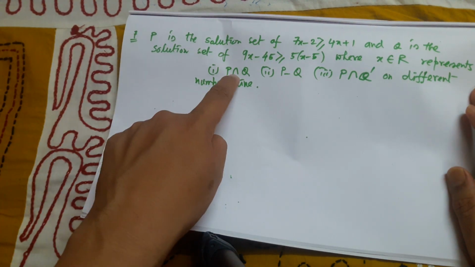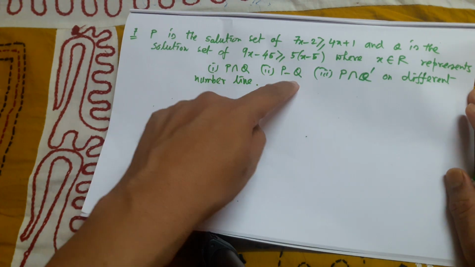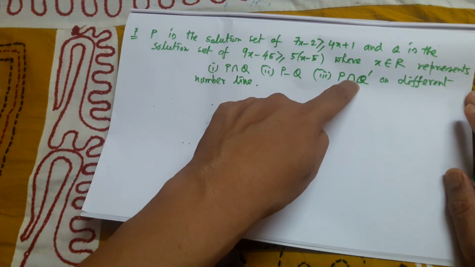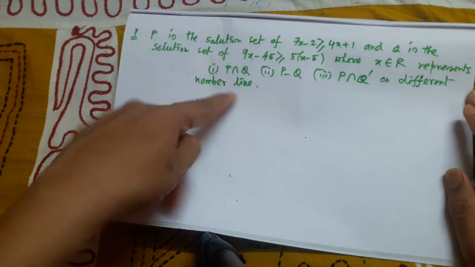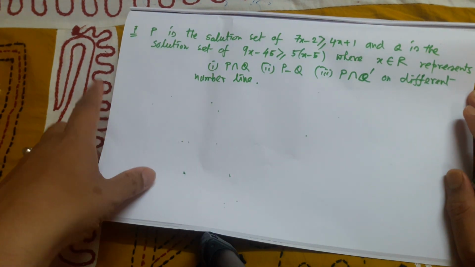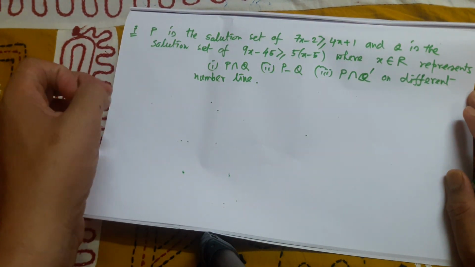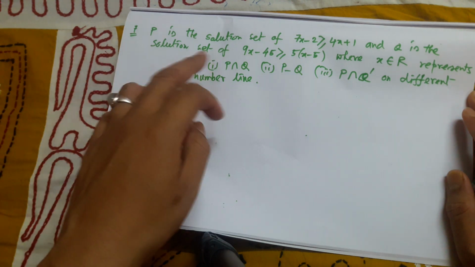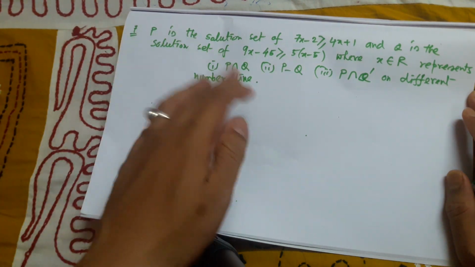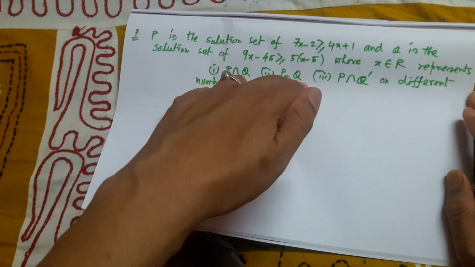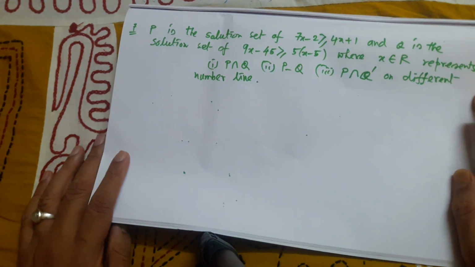Represent P intersection Q, P minus Q, P intersection Q dash on different number line. We have to draw 3 different number lines and plot those P intersection Q, P minus Q, and P intersection Q dash.